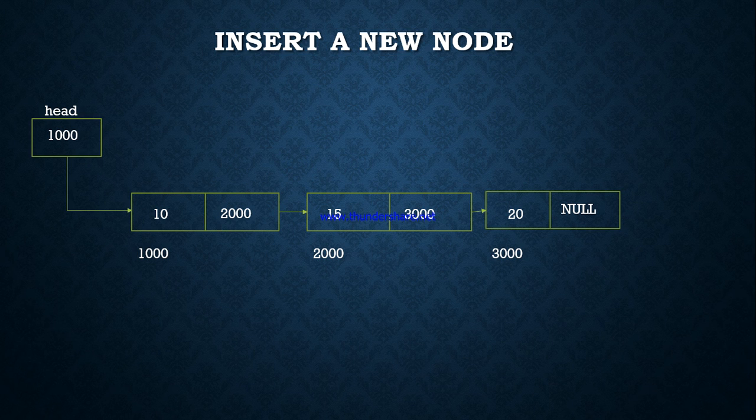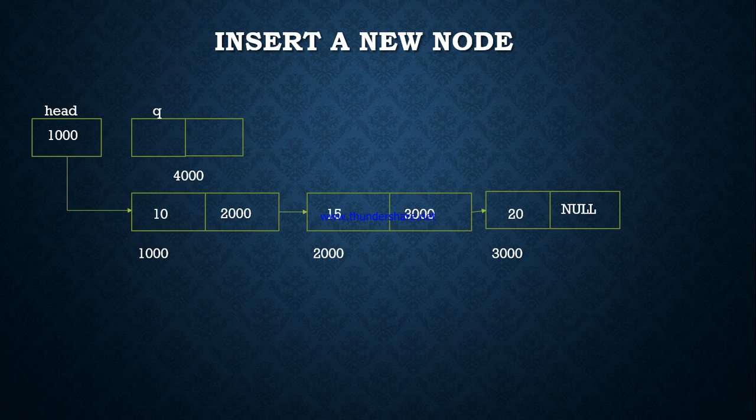Okay, now suppose first we want to insert a node at the first position. That means we want to insert an element before 10. 10 is our first element here. So first we need to create a node. Suppose Q is our node which is allocated memory location 4000.